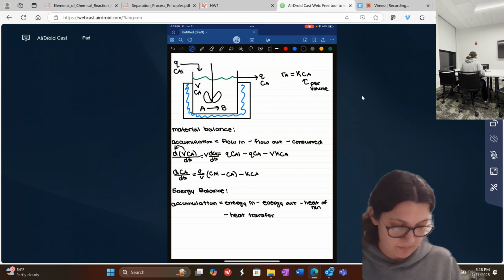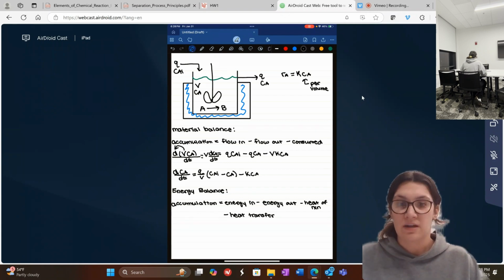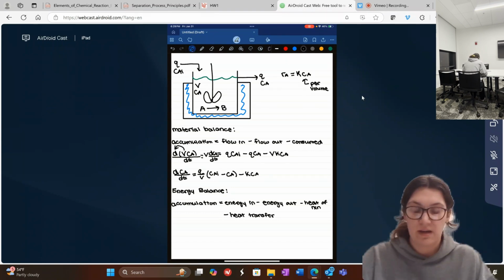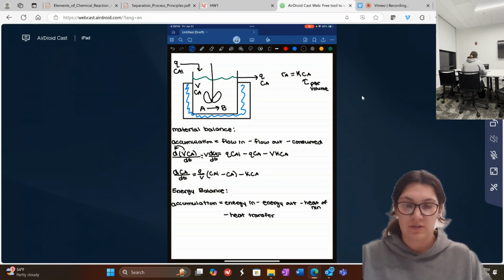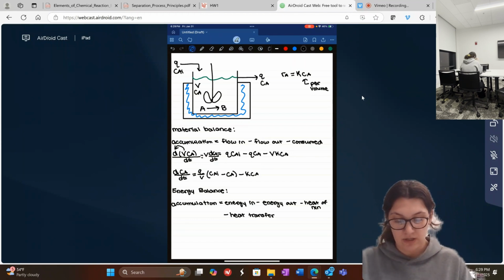There are a couple additional terms, but it still is essentially that accumulation is equal to what goes in and out of the reactor. This time we're going to start on the left-hand side of the equation with the accumulation.